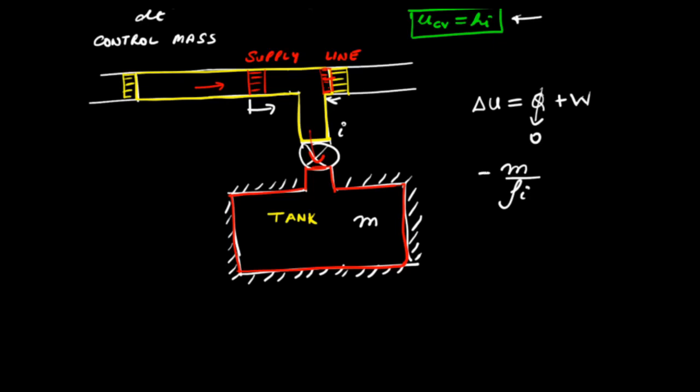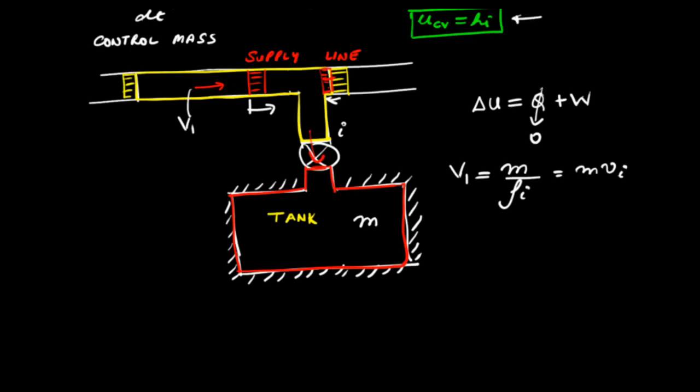So this was the volume, and let's call this state 1. So this is the volume of the gas while it was initially in the supply line. So the volume of this particular control mass is m times the specific volume at the inlet conditions or the conditions within the supply line.